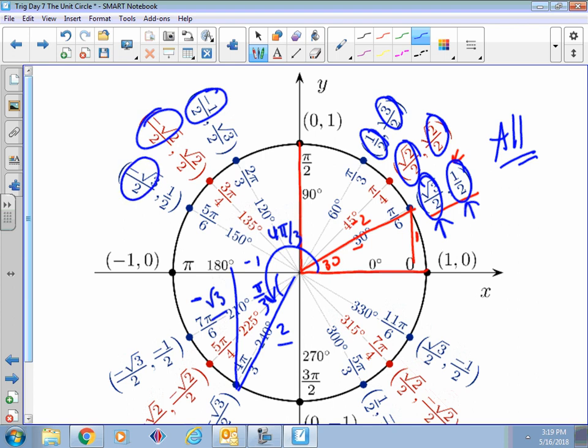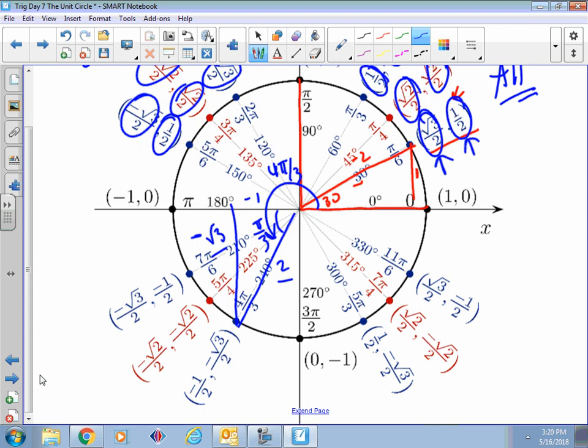Negative, negative, negative. Cosine's negative in the second quadrant. What about sine? Positive, positive, positive ratios for sine in the second quadrant. So sine is the only one positive in the second quadrant. What about tangent? Tangent is the sine divided by cosine. A positive divided by a negative is going to give you a negative number.